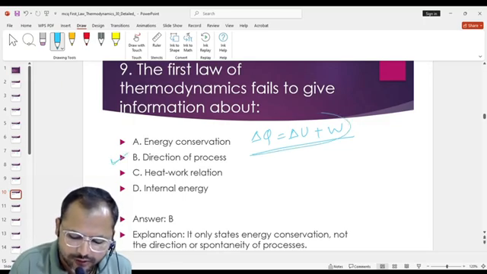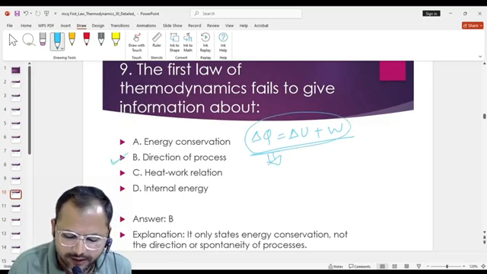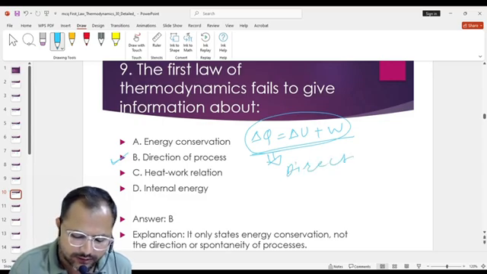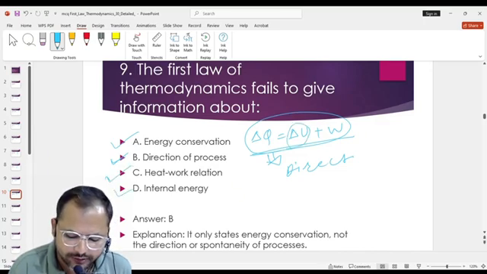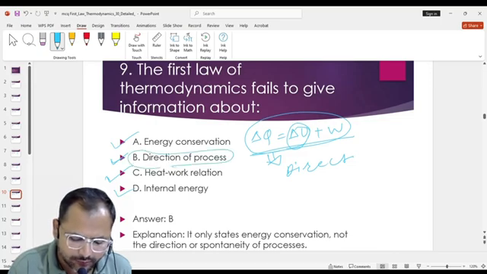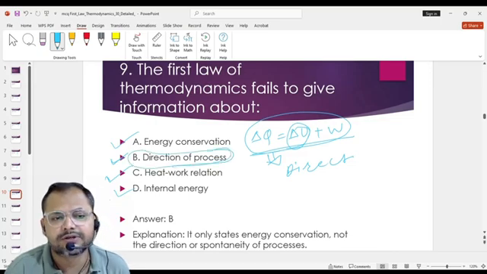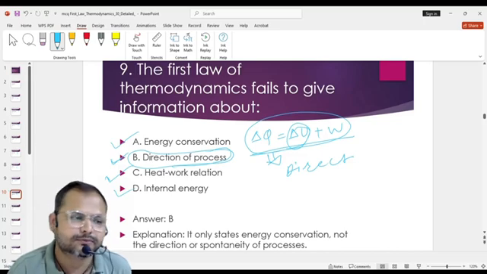In this equation, we can't find any direction of process. It shows the energy conservation, heat work relation, and internal energy. It shows, but direction of process it doesn't give. So option B is the correct answer.